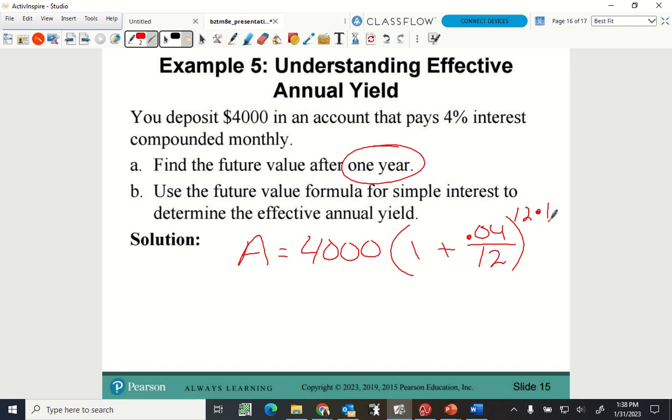All right, so A is going to be 416. Very good. That's my future value. I'm going to compare this to my standard equation of simple interest.